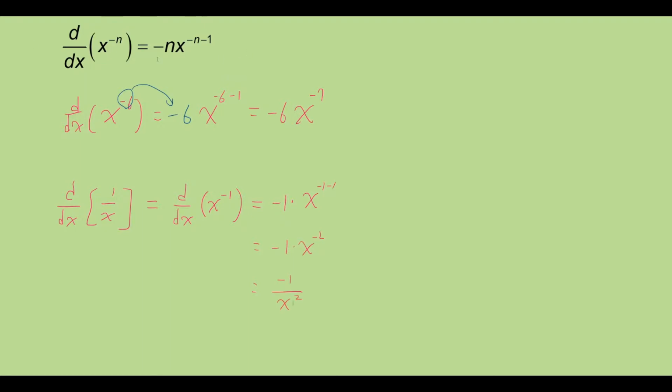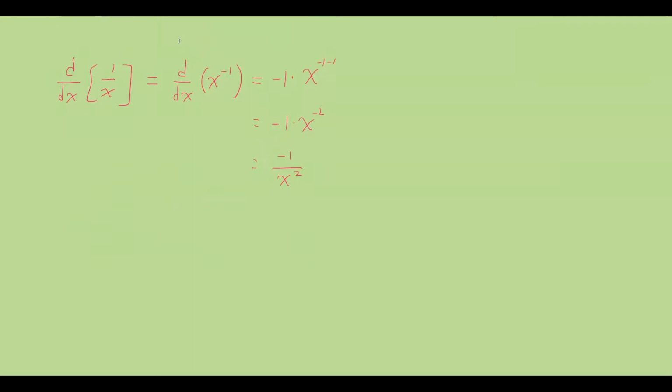All right. And let's try another one. You know what? I'm kind of used to x. That's 2t. d dt of 6 over t to the third power.